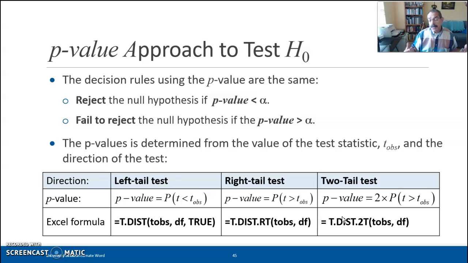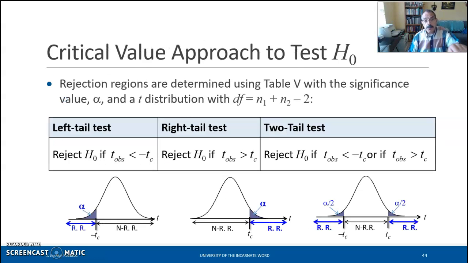All right, the rule for using the critical value is the same as before. If the observed value of the calculated statistic falls in either of the rejection regions, then we reject the null hypothesis. So the rule is the same.